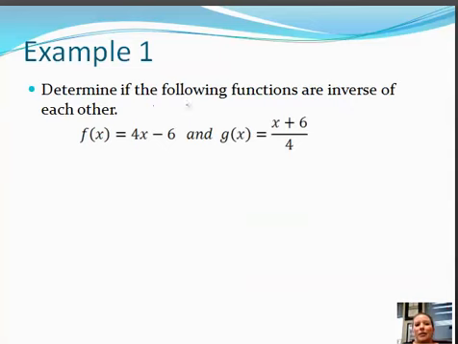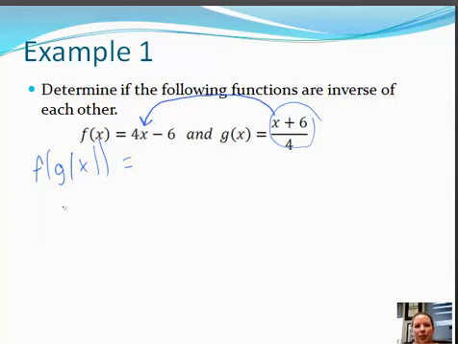Okay, so anytime I ask you to determine if something's an inverse, you know you're going to do f of g of x. I'm going to take g of x, because we already know what it's equal to, and I'm going to put it in for x over here. So I'm going to have 4 times x plus 6 over 4, minus 6.